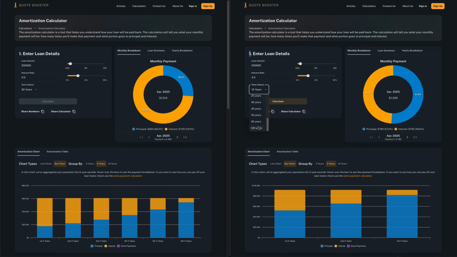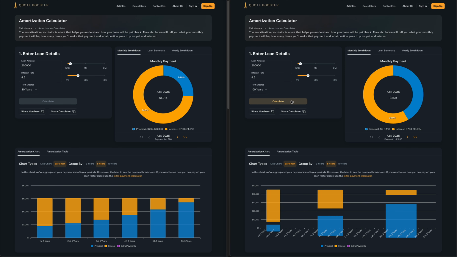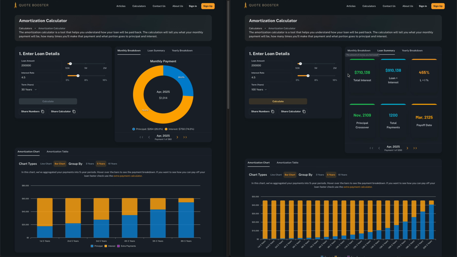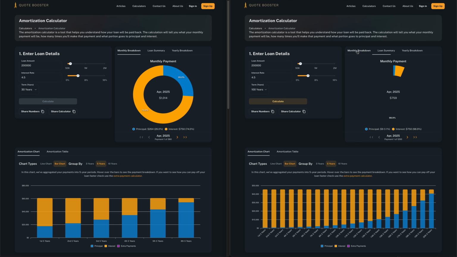If we change this and go to 100 years and we calculate this, you're going to be paying a crazy amount of interest. And look, most of your payment is going to be interest up front, but it's $750. The only thing that does change, whether you do 100 years or 50 or 30 or 15, is that teeny slice of principal.